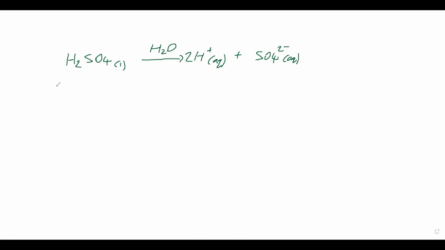You can also get triprotic acids, such as phosphoric acid, or you can get even greater numbers of protons being given off by the acid, mainly for organic species, where you can get several carboxylic acid functional groups.